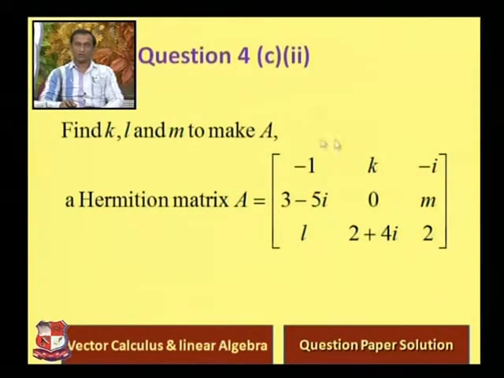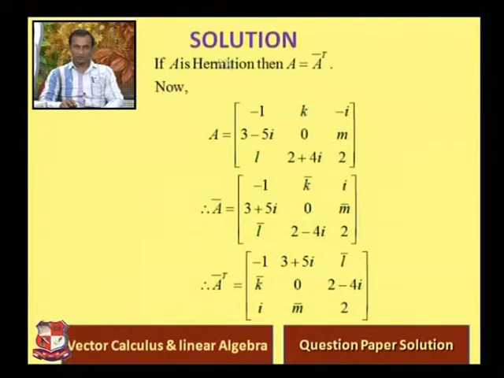Its definition is A equals A bar transpose. So A is Hermitian, then A equals A bar transpose. So first find A bar transpose and then compare both, and then find these three unknown values K, L and M. So now A equals this given matrix.